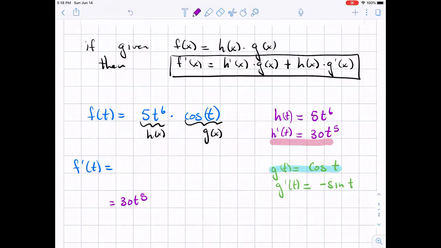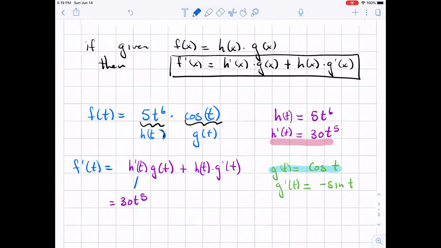So this will be h prime of t times g of t plus h of t times g prime of t. I need to write everything in terms of t. This is h of t, and this is g of t. It's a constant habit that we use x a lot.